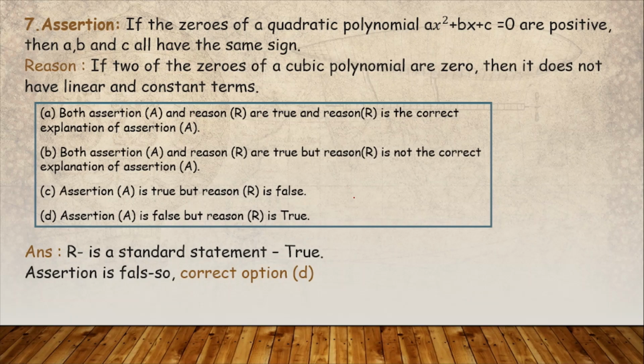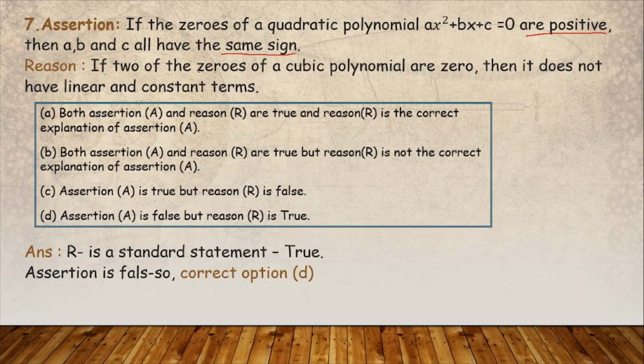Question 7. Assertion: If the zeros of the quadratic polynomial ax square plus bx plus c equal to 0 are positive, then a, b and c all have the same sign. It's a little bit of an analytical question. We check it.